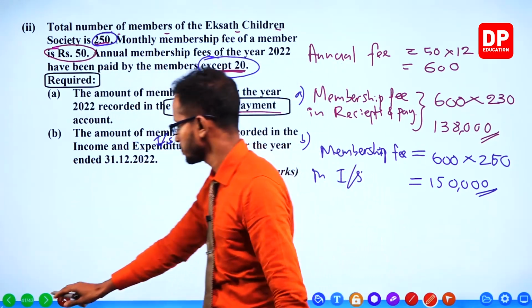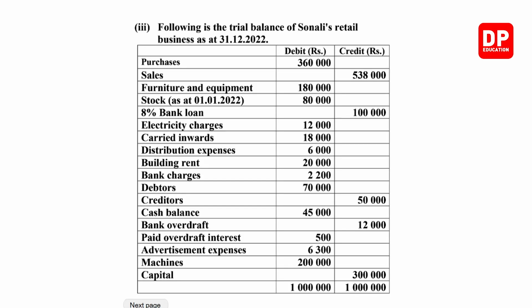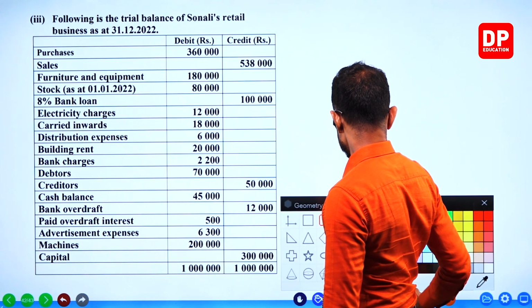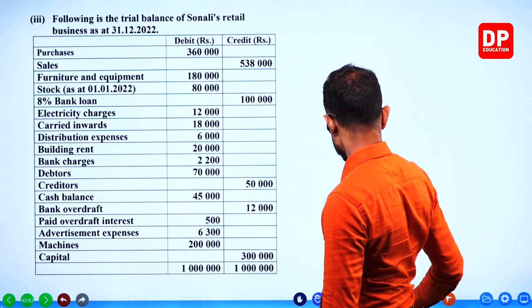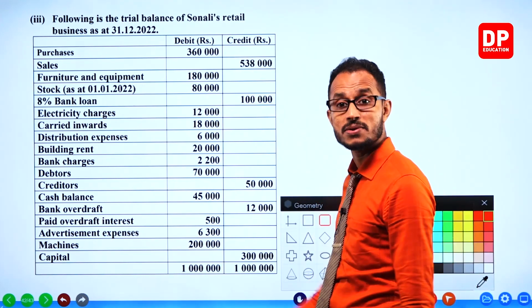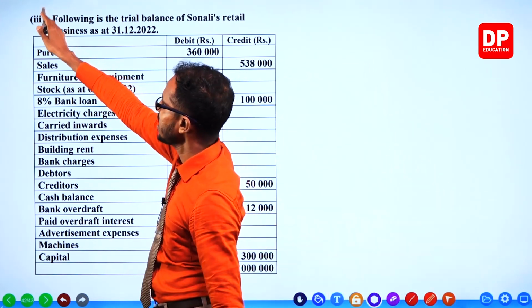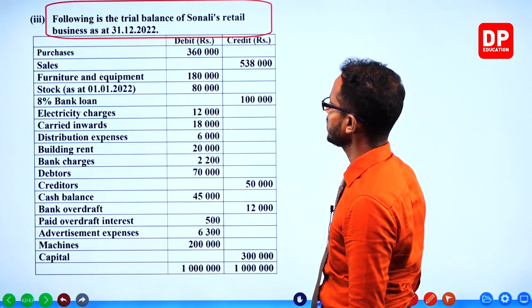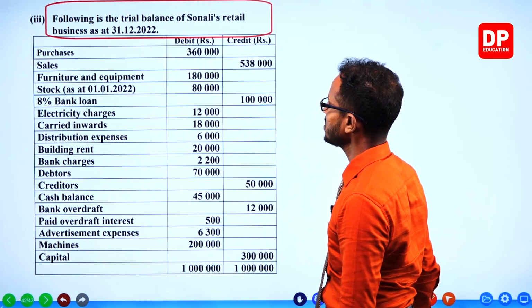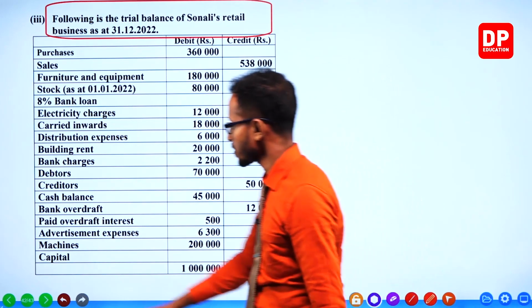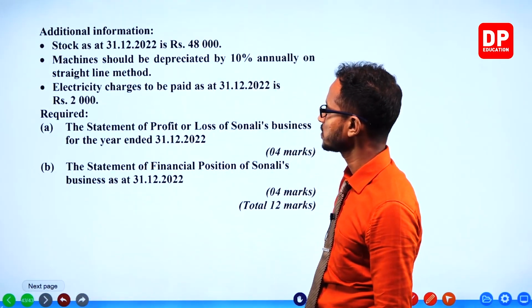Going forward. Here we go, trial balance. The financial statements we so much love are here finally. Sonali's retail business. We have to prepare what?